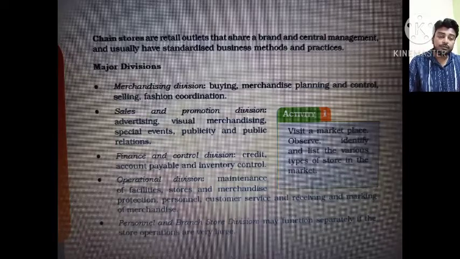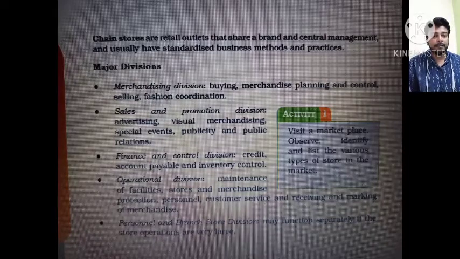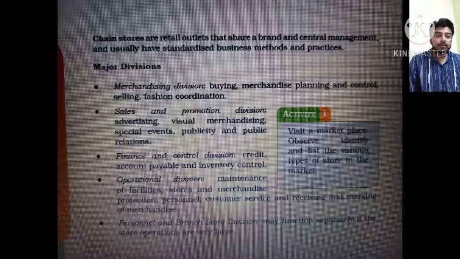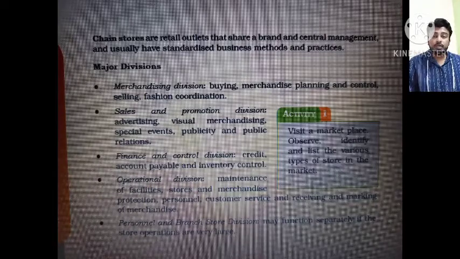It includes credit, accounts payable and inventory control. The finance and control division is also a very important part in order to run a fashion retail organization or this business, because it takes care of the financial things, accounts payable and all these important factors.